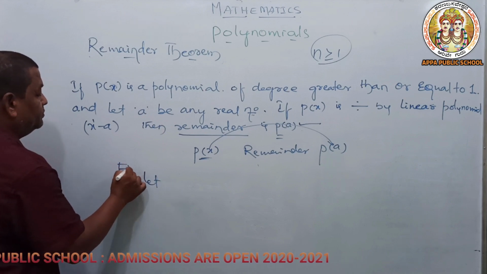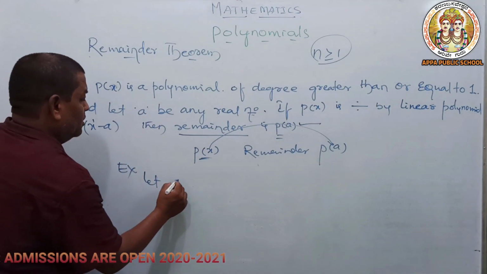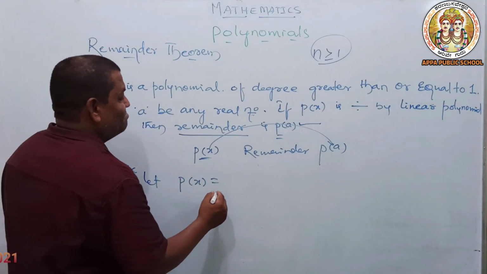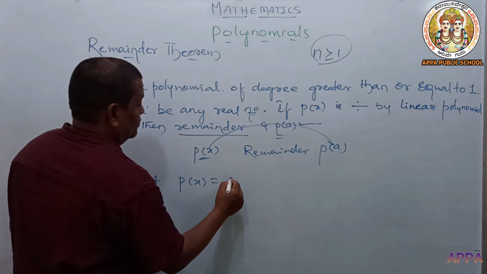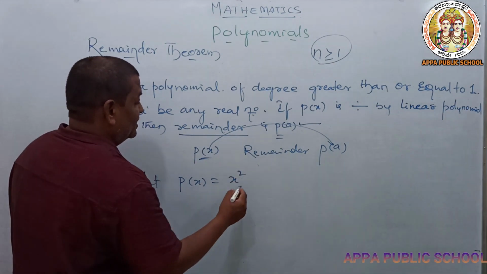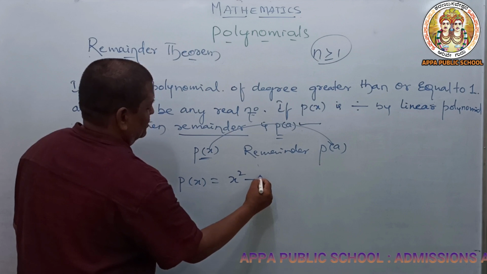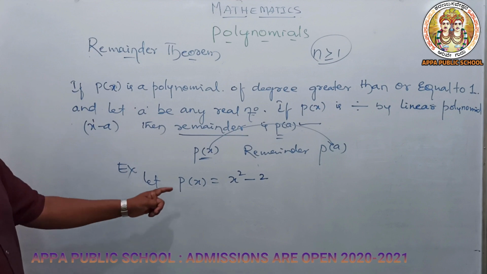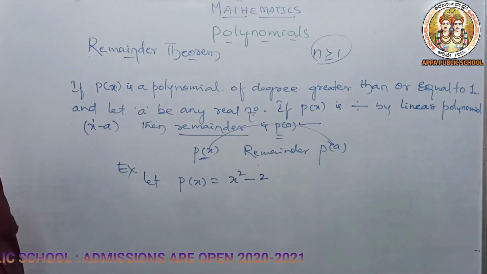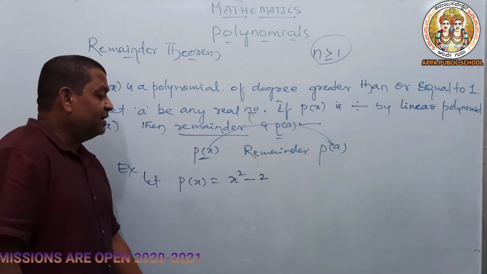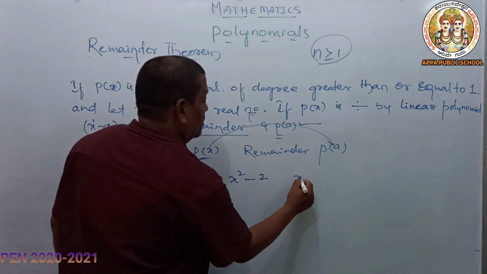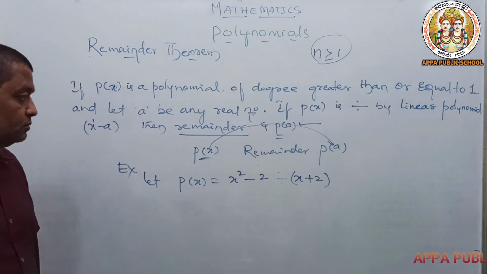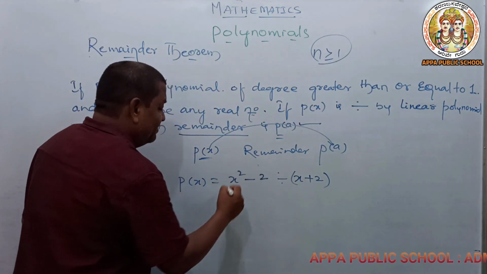Let p of x be equal to x square minus 2. Suppose we divide this by x plus 2. What is the remainder?